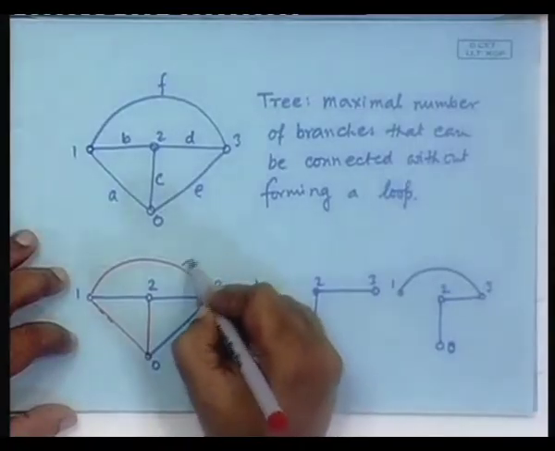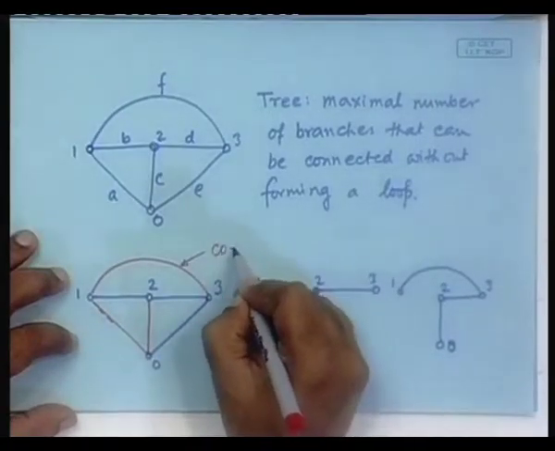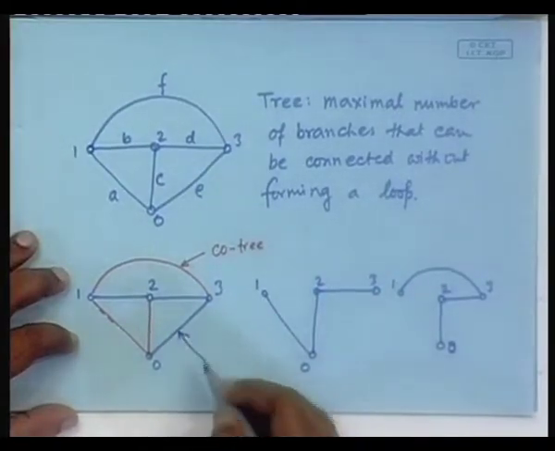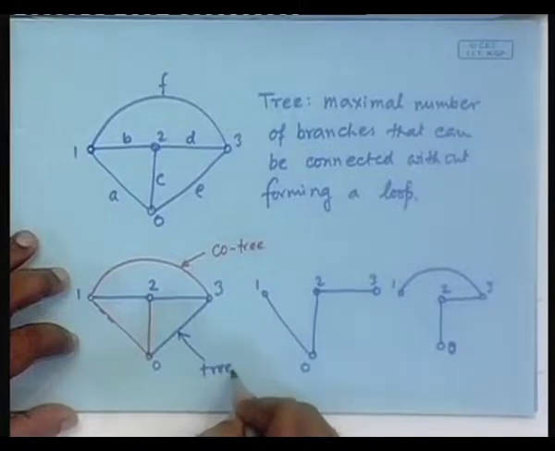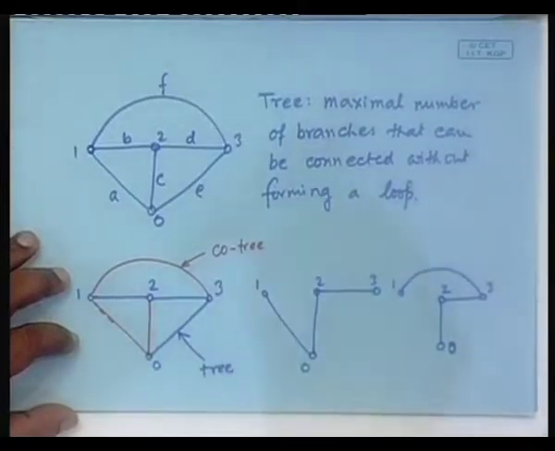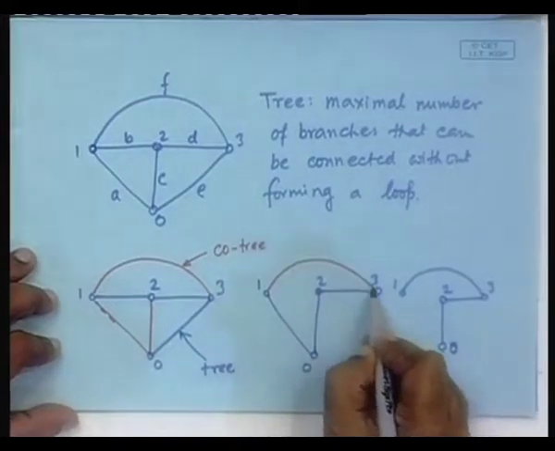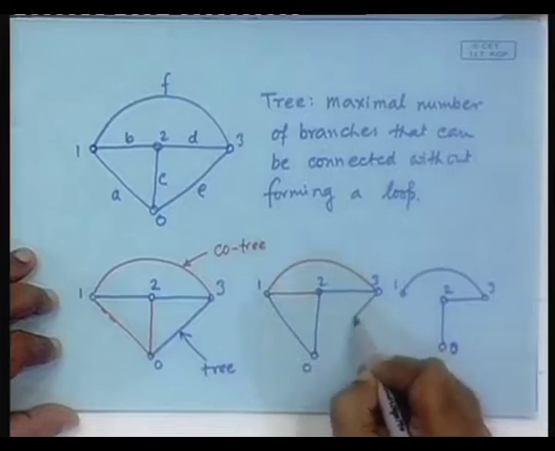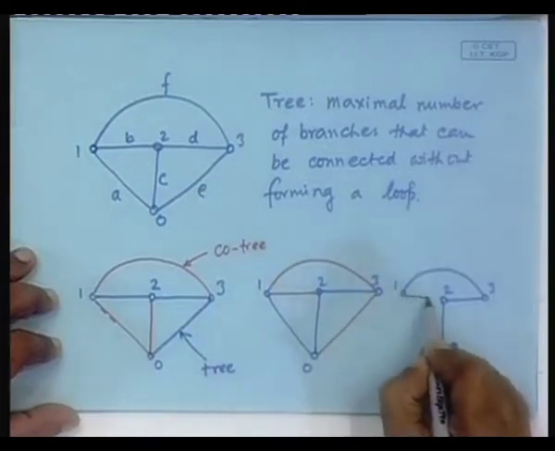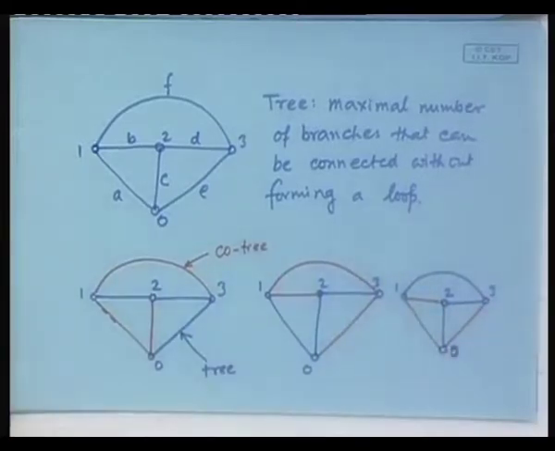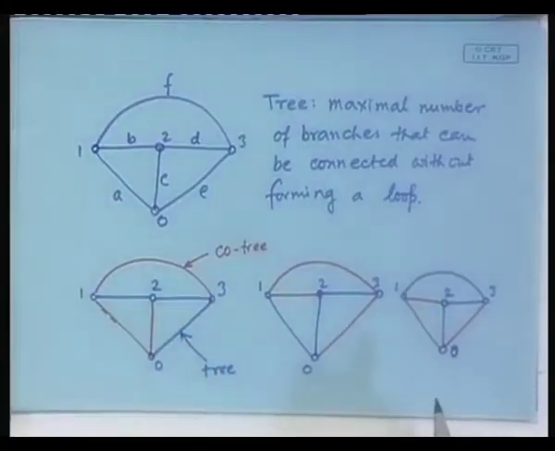So, these are the co-tree and these are the branches of the tree. So, here what would be co-tree? This, this and that. Here this, this and that. Okay. So, these are the tree branches and these are the co-tree branches.